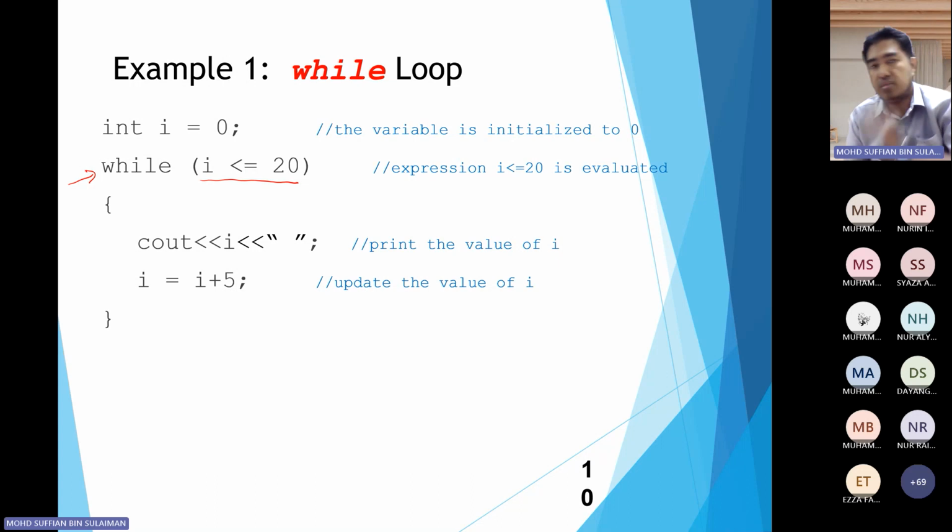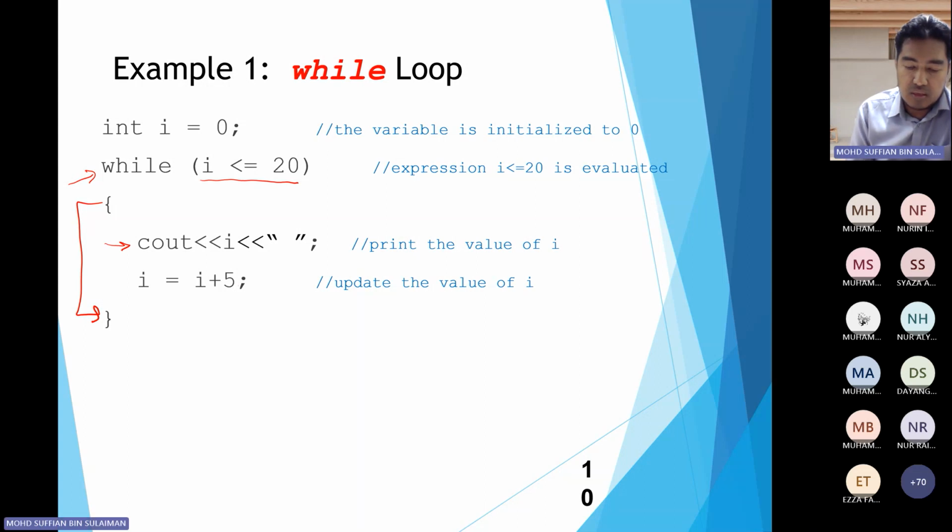So we set the maximum of the loop, and then this is our statement inside the open and close curly brackets. So we have the instruction cout of I, and then this is the update value.